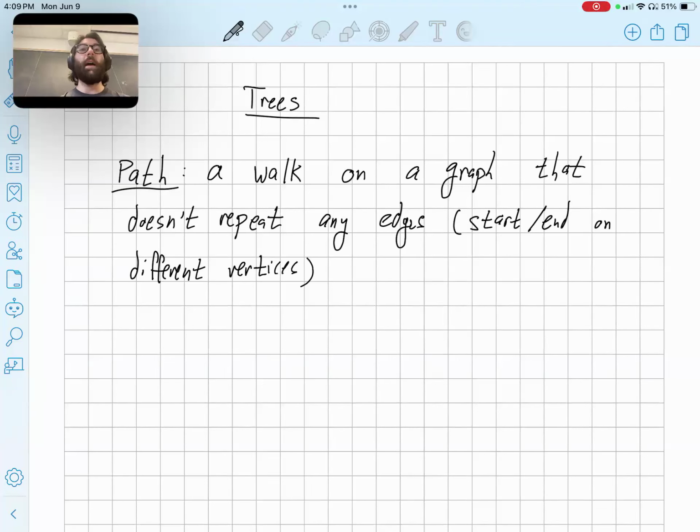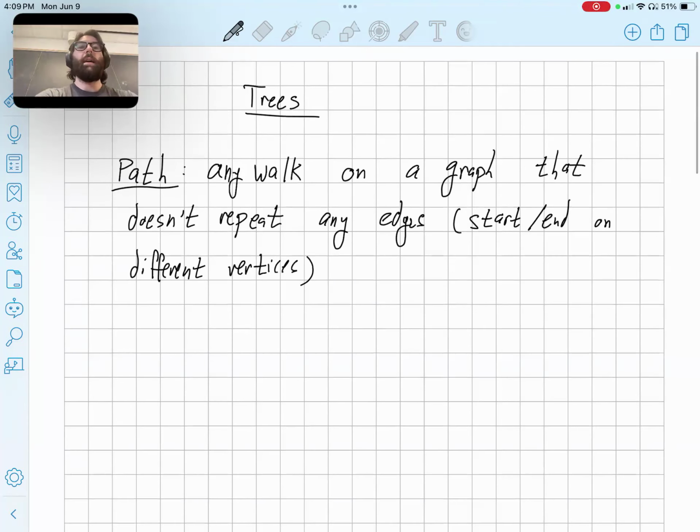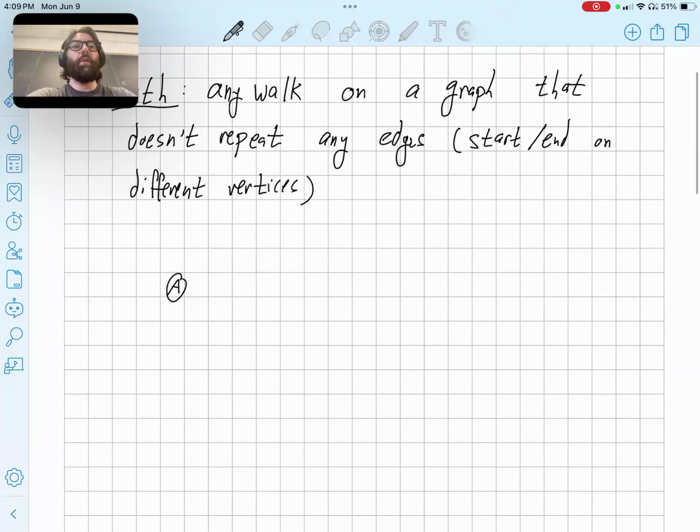Just by itself, it doesn't have to hit every edge. It doesn't have to hit every vertex. It can repeat vertices. So it doesn't have to be an Euler path. Doesn't have to be a Hamiltonian path. It's any walk that just doesn't repeat any edges. An example, if I just draw a tiny little thing here.